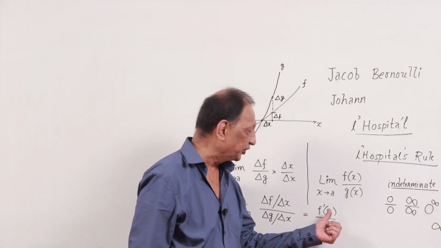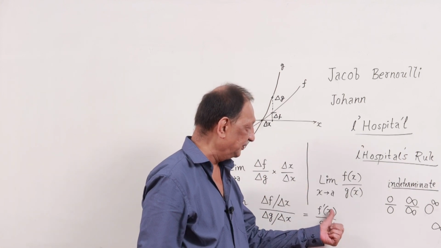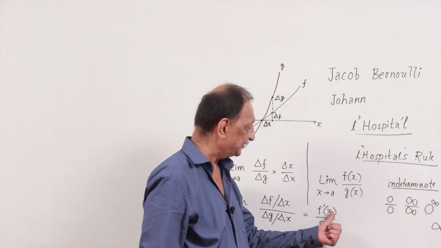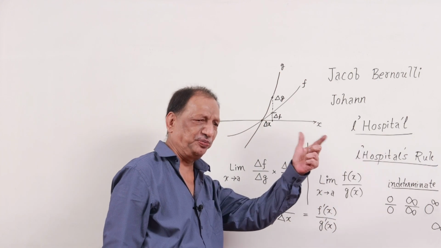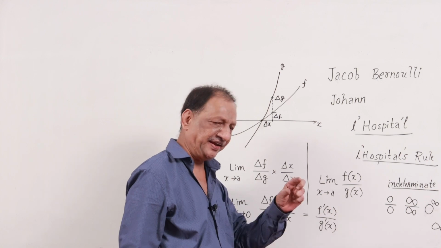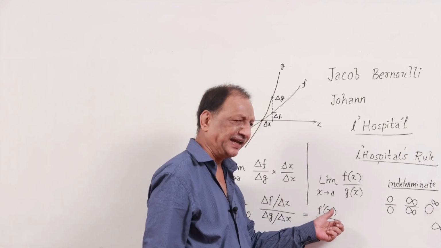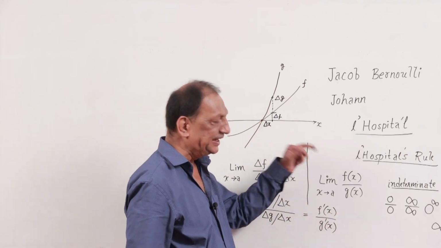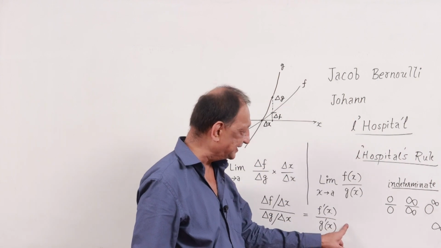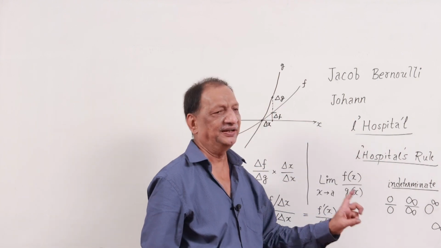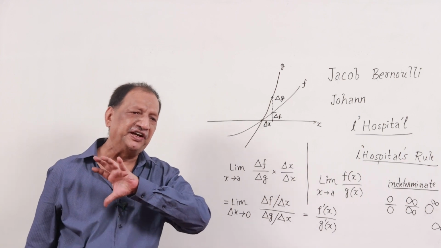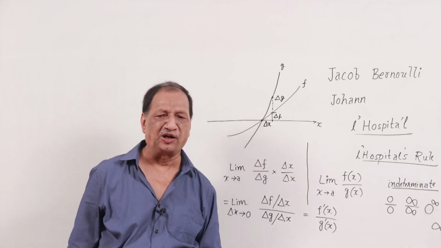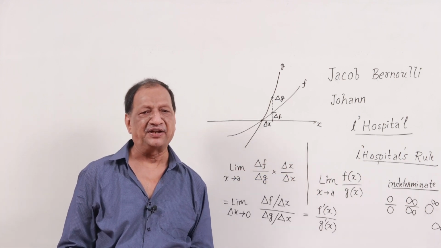That means I am looking at this ratio when x has not reached a, just below that. All other points other than a, it is still non-zero. I can reapply L'Hopital's rule and write that as the limit of f double prime x by g double prime x. So I can differentiate the numerator and denominator any number of times and I get my answer.